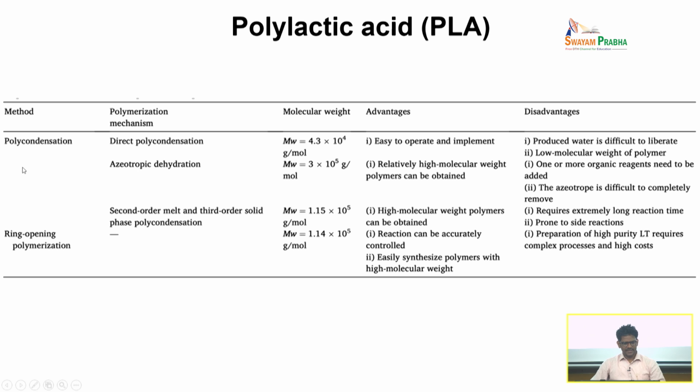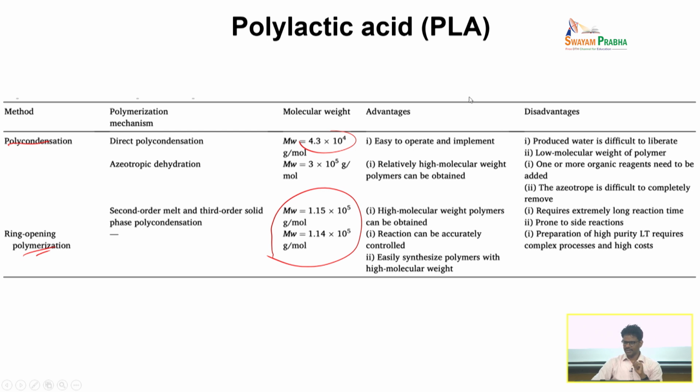So here is a comparison between polycondensation and ring opening. You can see that typically the ring opening, which uses the lactide, the dimer, can reach about 10 to the power 5 molecular weight, whereas the direct polymerization can go up to 10,000s. That's at least a 1 or 2 orders of magnitude difference.